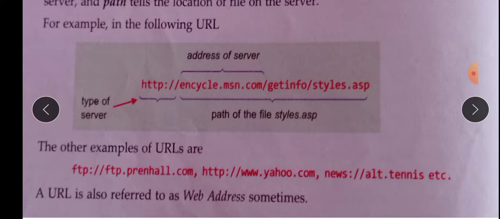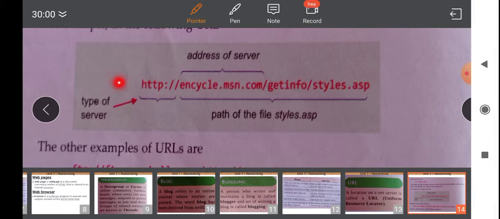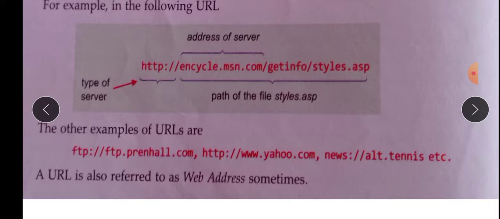Now, the first one you can easily see is the type. As far as type is concerned, HTTP is written here. HTTP is a protocol, a hypertext transfer protocol. Then the address, this is the address, and that is a complete path. Some examples of URL, you can easily see these are different examples of URL.